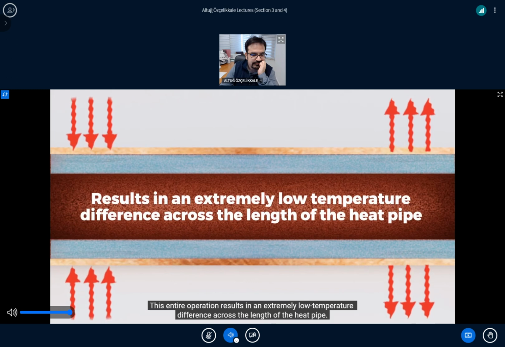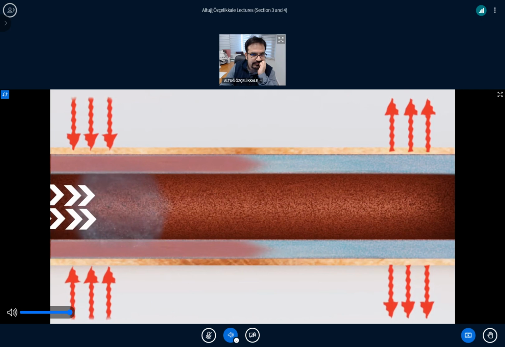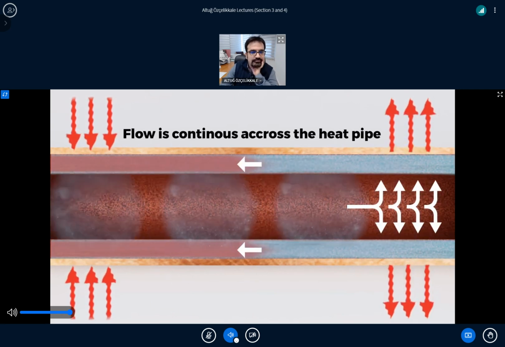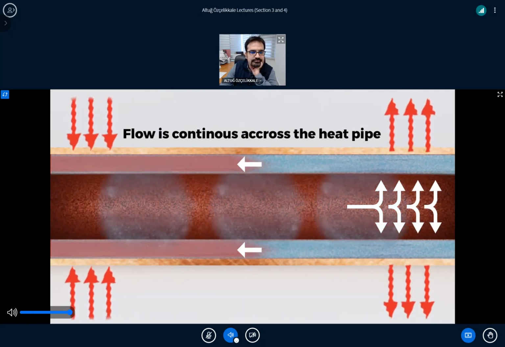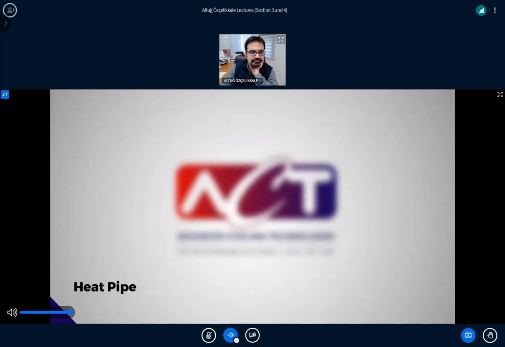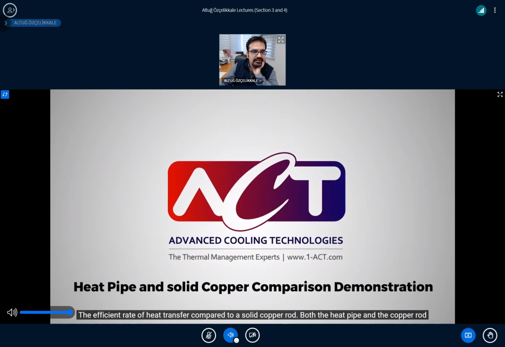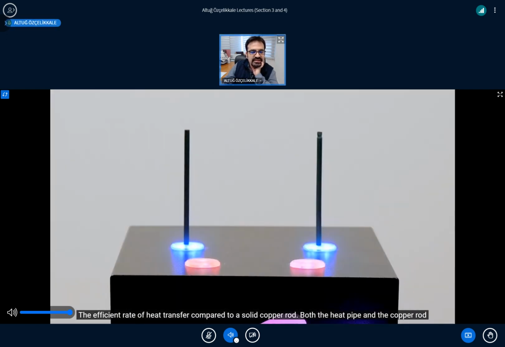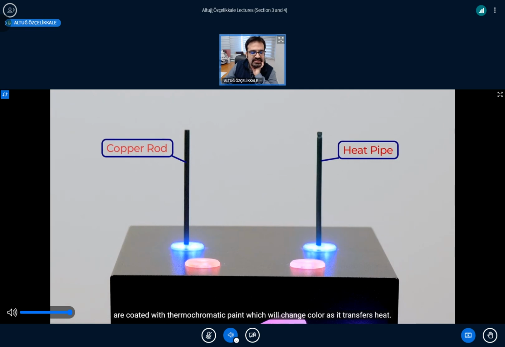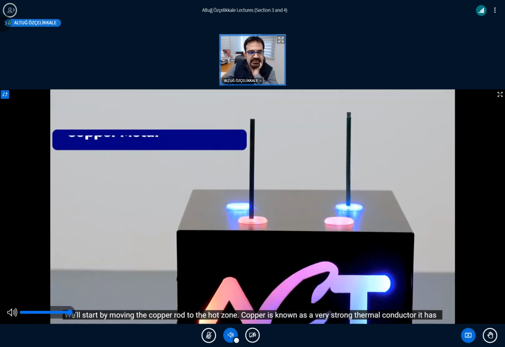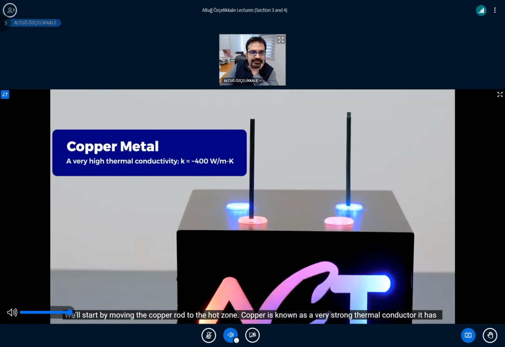This entire operation results in an extremely low temperature difference across the length of the heat pipe. So, the efficient rate of heat transfer compared to a solid copper rod. As you can see, both the heat pipe and the copper rod are coated with thermochromic paint, which will change color as it transfers heat. We'll start by moving the copper rod to the hot zone. Copper is known as a very strong thermal conductor.